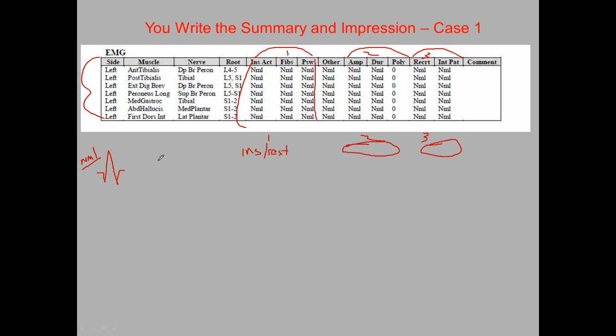Mm-hmm. Now, you ask the question, how do they get that way? With respect to the 2 types of reinnervation, you have axonal regeneration, which you guys are never going to see unless there's a near complete lesion. Think about a tree.